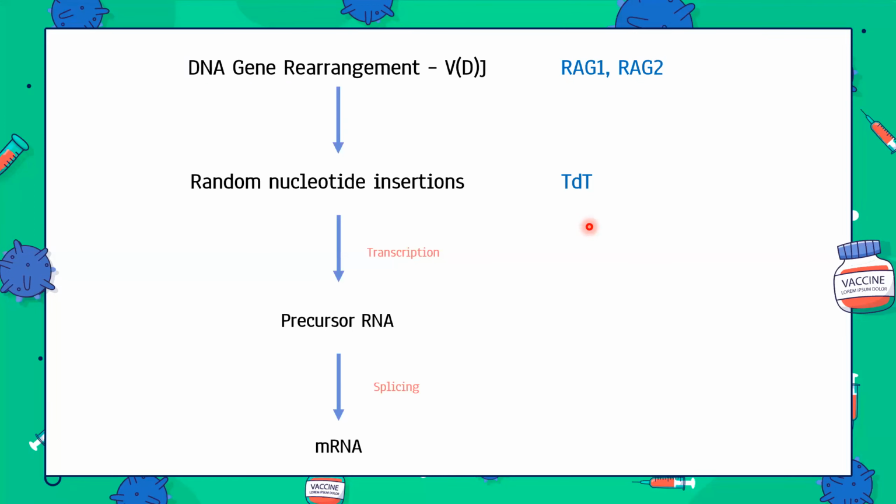We said that RAG1 and RAG2 have the combinatorial diversity, which is basically because we combine different VDJs, and we also combine different either kappa or lambda for the light chain. And we said that TDT has the junctional diversity because at the junction of those VDJ regions and the actual constant region, which determines if it's IgM, they're going to increase the variability.